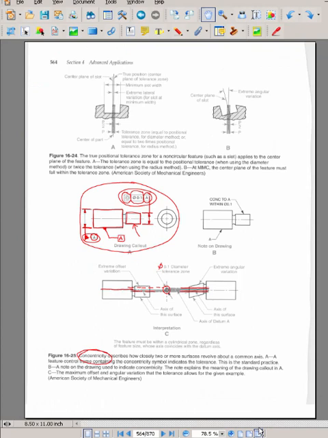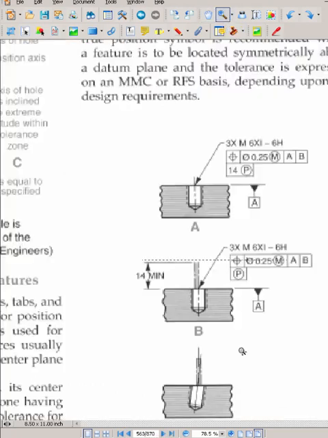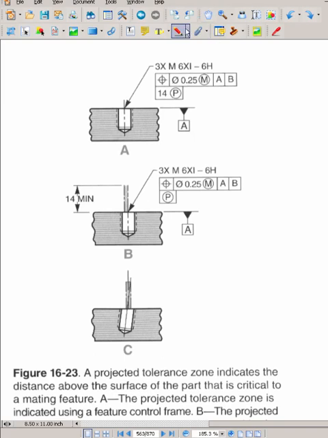Now, if you're having a hard time with this whole projected zone thing, let's take a look at this figure 16-23 right here. Okay? Now, we have figures A, B, and C. A identifies a datum, which is the surface right there.